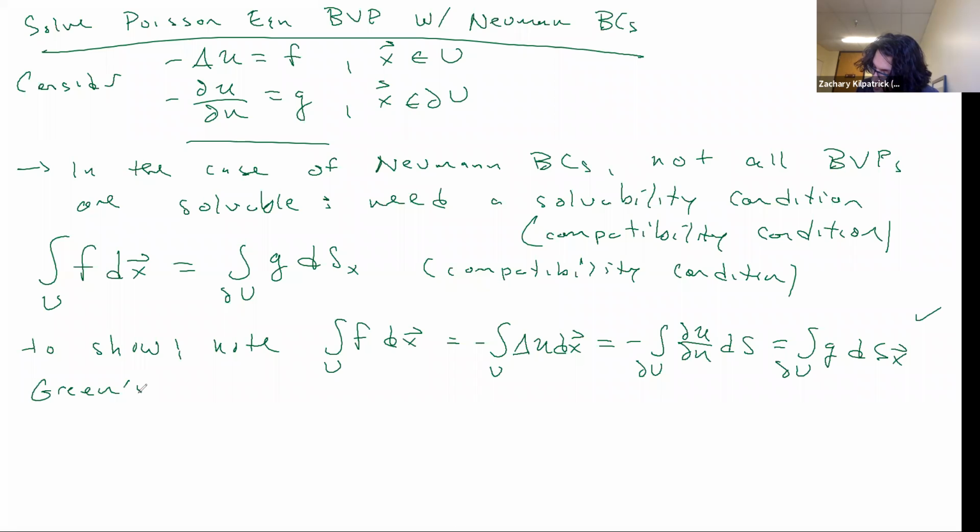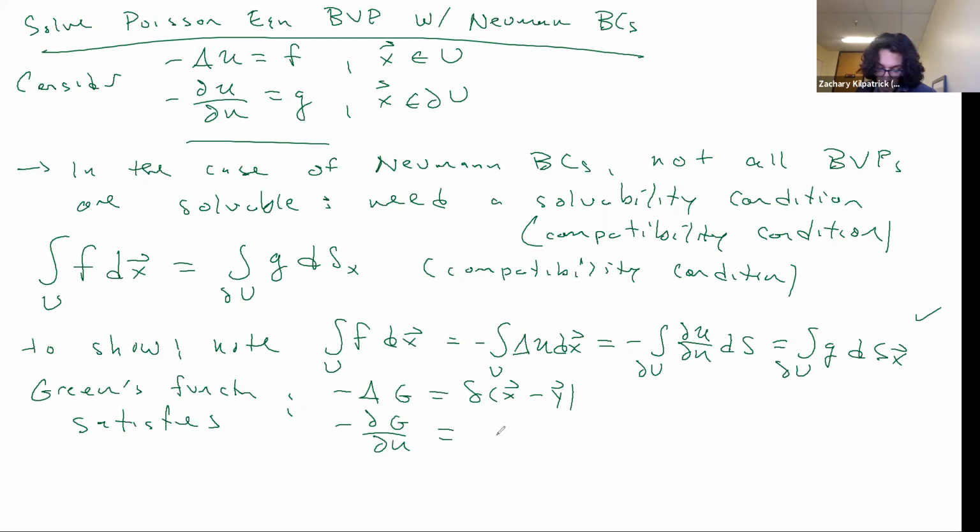The Green's function then is going to satisfy as usual our boundary value problem with homogenized boundaries, okay, and an inhomogeneity that's just a delta source, okay.